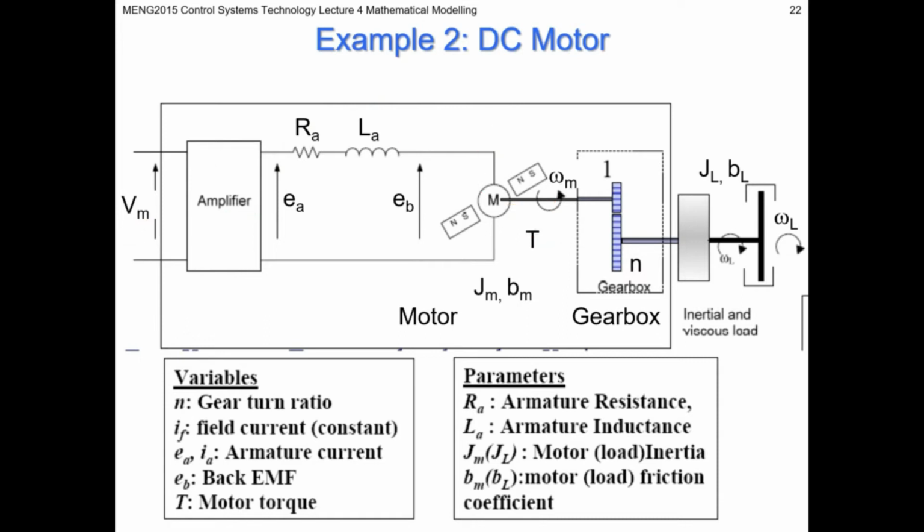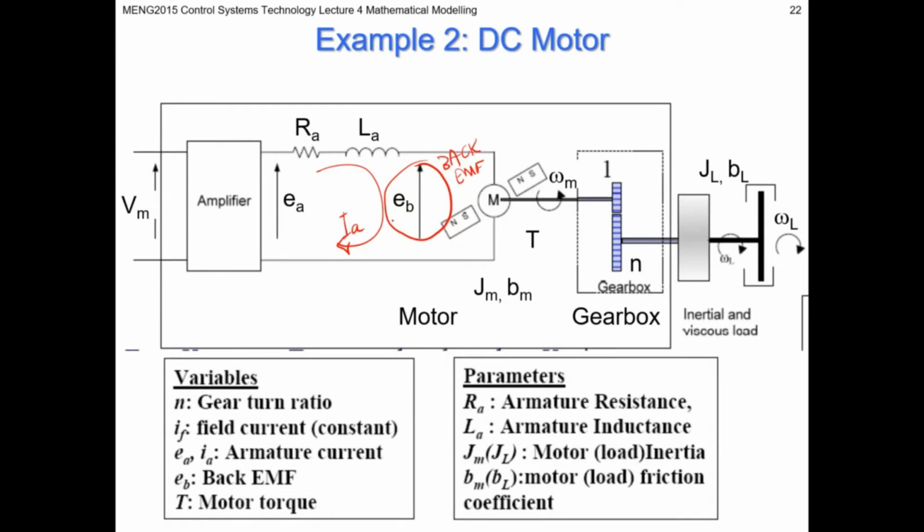One of the downsides of a DC motor is you basically have internal electrical drag in the form of back EMF, and your overall current that flows through this circuit, call it IA, is a function of the difference between your driving EMF or your amplified EMF and your back EMF.